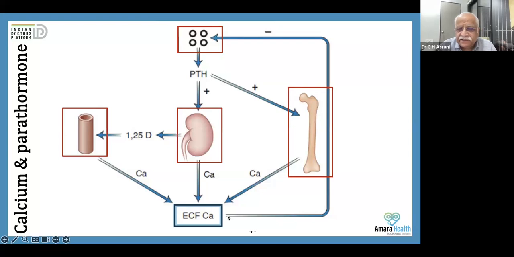Now, if you see as it becomes low, you see this negative mark. This acts upon the parathyroid gland and causes the increase of parathormone, excess of parathormone, which works on the bone, which works on the kidney. Sorry. Let's see how it works. Keep this image in mind.